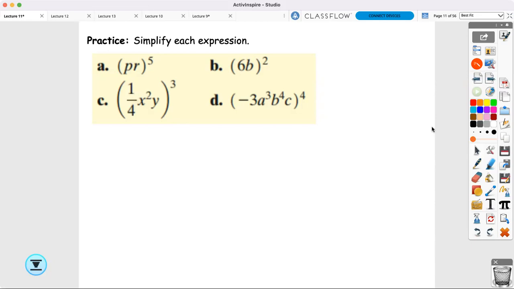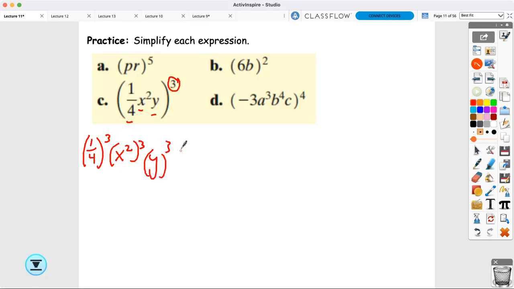All right, C is where we start getting a lot of differences in our answers. So let's take a look at C. Everything gets the cube, and we have the 1/4, the X squared, and then the Y. So we're going to get 1/4 to the 3rd power, X squared to the 3rd power, and Y to the 3rd power.